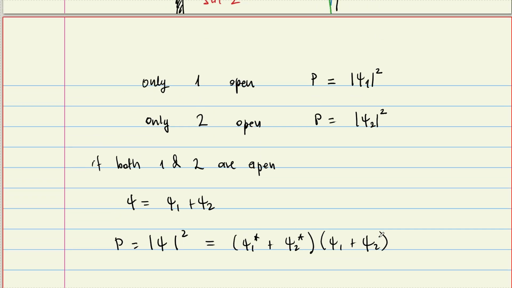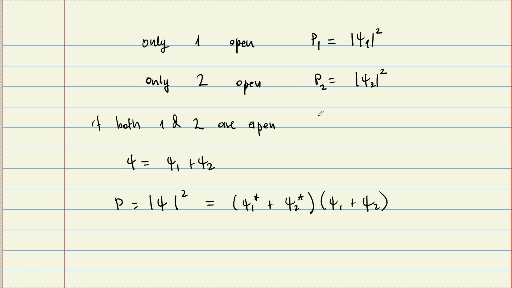Also, let me call these objects P1 and P2 classical probabilities, or quasi-classical probabilities. So I open this up, and I will obtain psi 1 squared plus psi 2 squared plus psi 1 star psi 2 plus psi 1 psi 2 star, or let me write it the other way, psi 2 star psi 1.